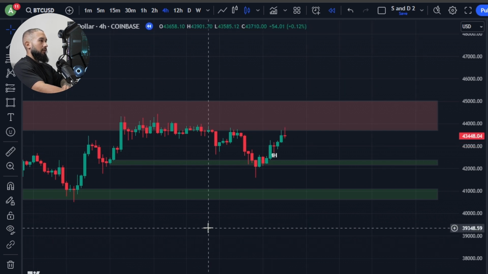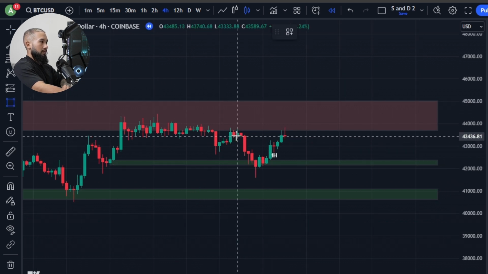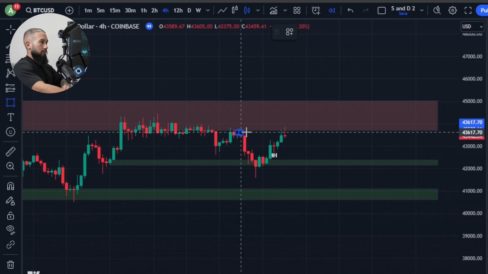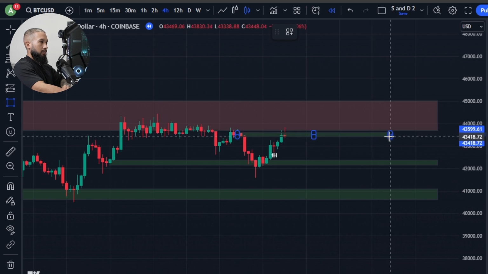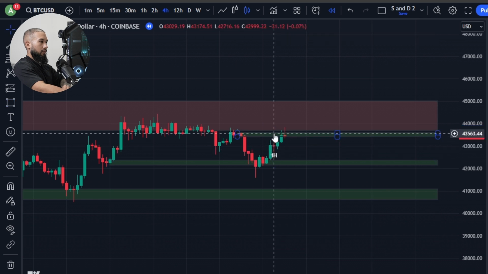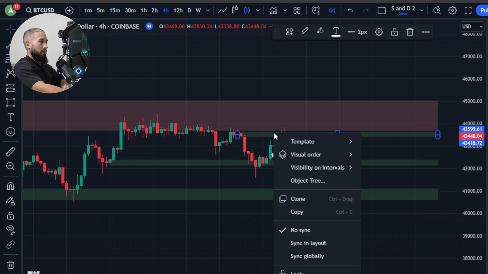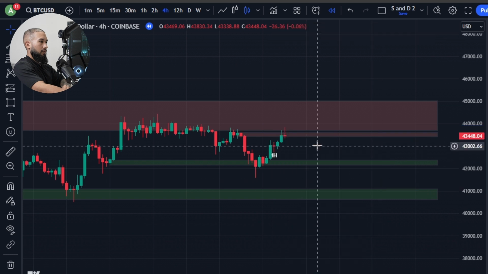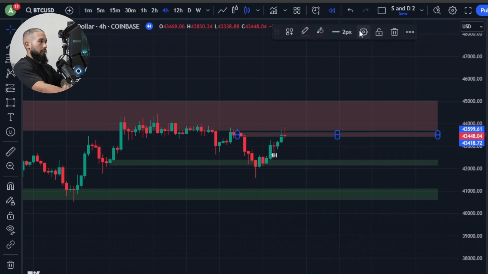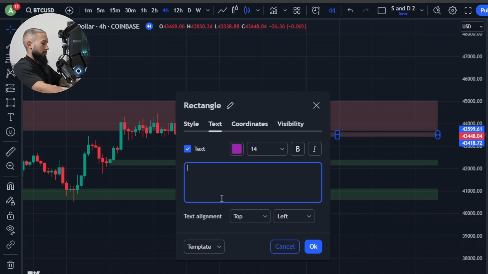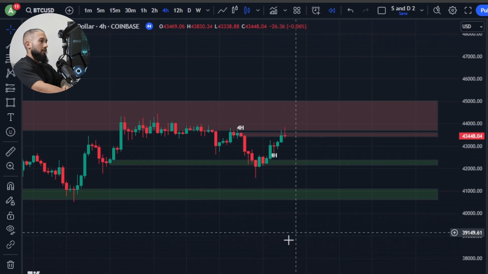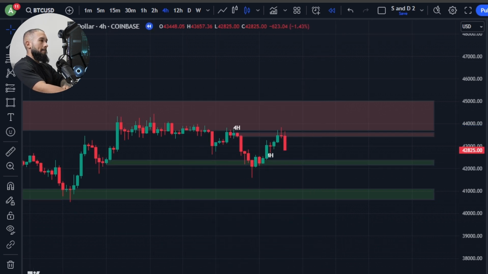Oh, I forgot to label that supply zone right here. This is going to be on the 4-hour. All right, let's let price play out.